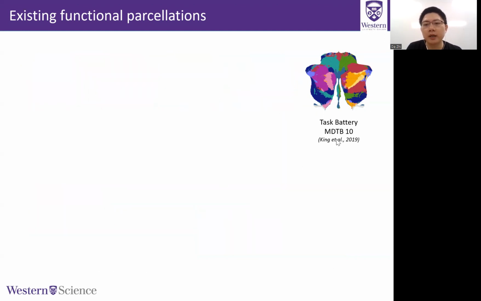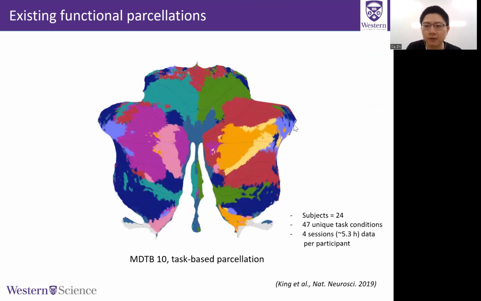But from a practical standpoint, we are not really happy with these parcellations, because when we look at them, we see that there are still some areas that are highly uncertain or noisy. For example, the foot motor regions believed to be on top of the cerebellum are pretty noisy.